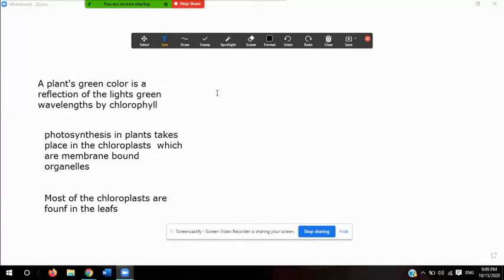It says the two main parts of chloroplast needed for photosynthesis are the grana and the stroma.